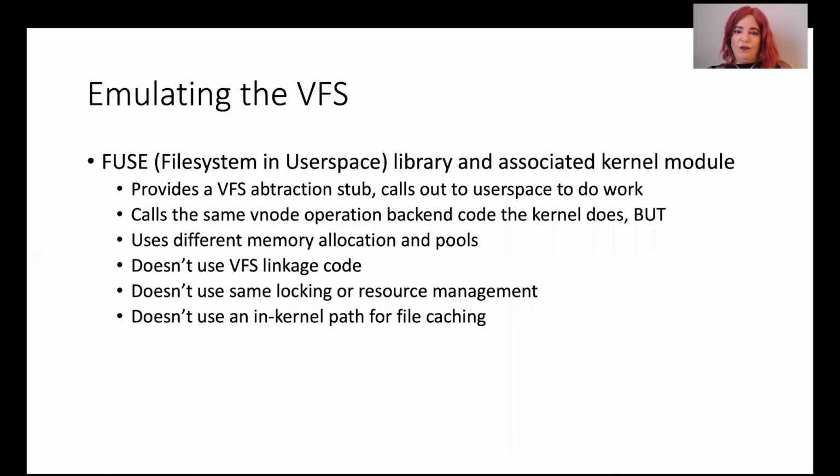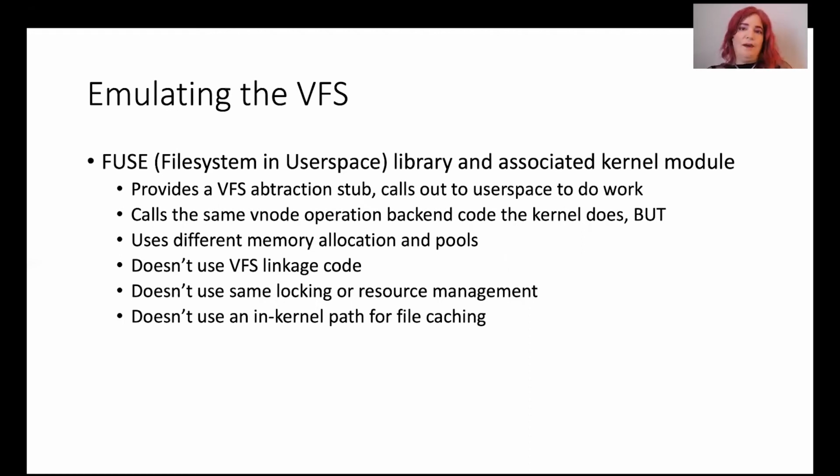So we're still not directly harnessing the VFS when we do this. We can emulate it. We can use file system in user space to emulate what we would do with the VFS. And file system in user space provides an in-kernel VFS abstraction stub, and then calls out to user space to do the work for each of the routines the VFS would call.